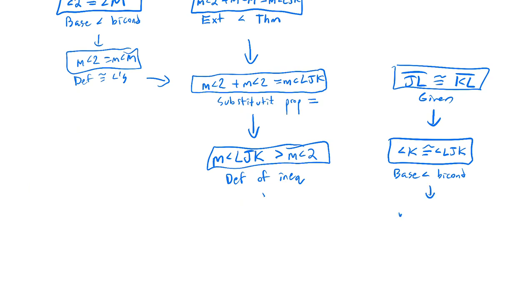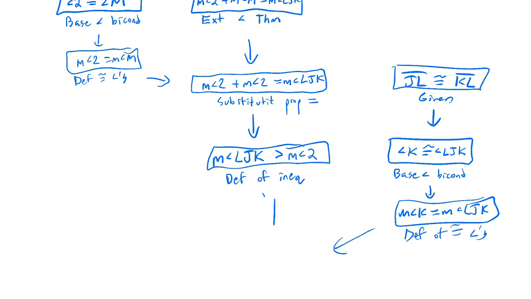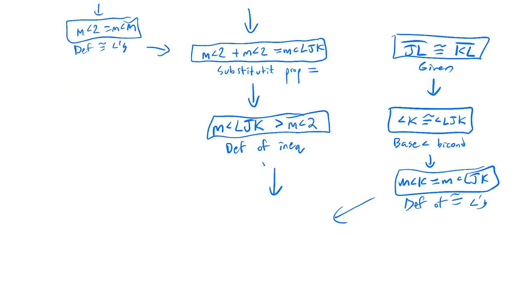Technically we should say measure of angle K equals measure of angle LJK, just by the definition of congruent angles. So now that we've got those are the same, we can substitute and say the measure of angle K, which is the same as LJK, must be bigger than the measure of angle 2.